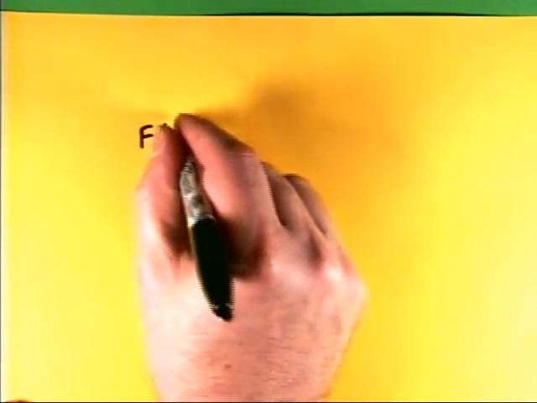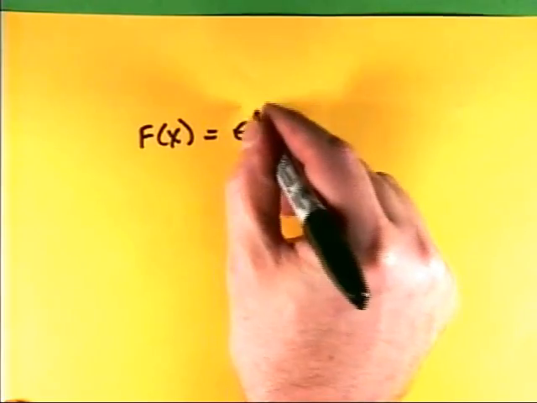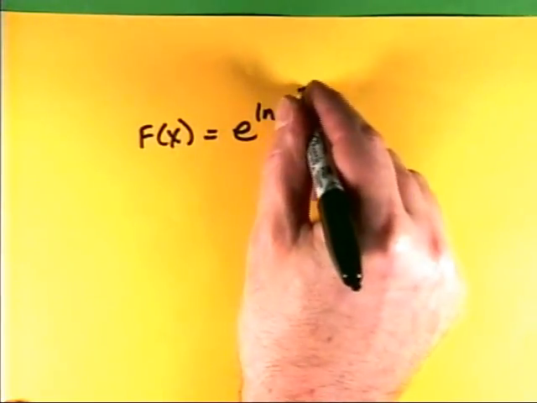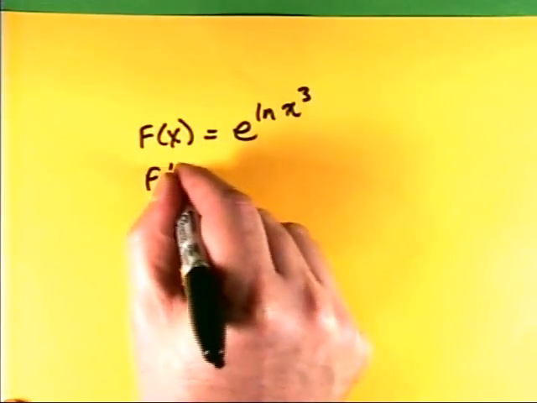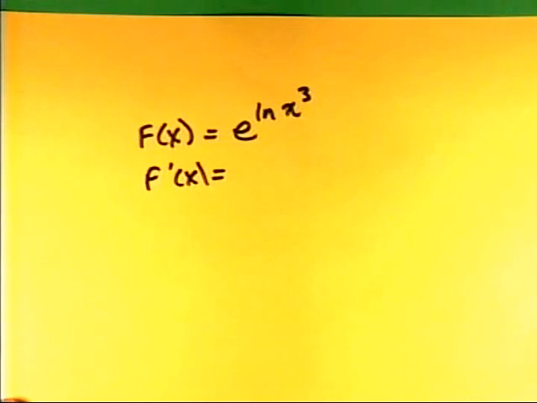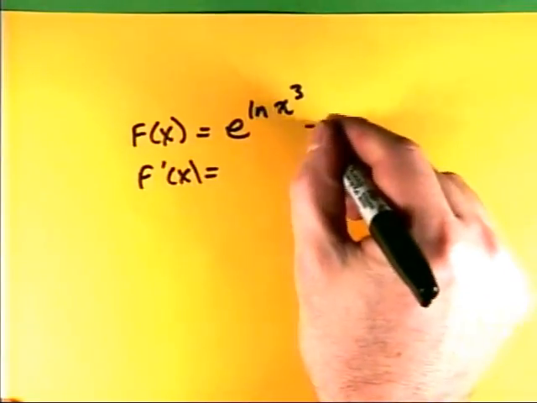Hey, what type of problem do you want? You want something to help you review for your test? Sure. Okay, I better think of something quick then. Well, doesn't e to the natural log just cancel itself out and leave x to the third as the function?